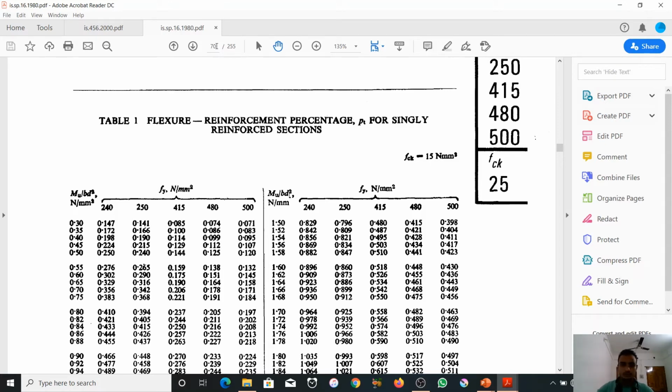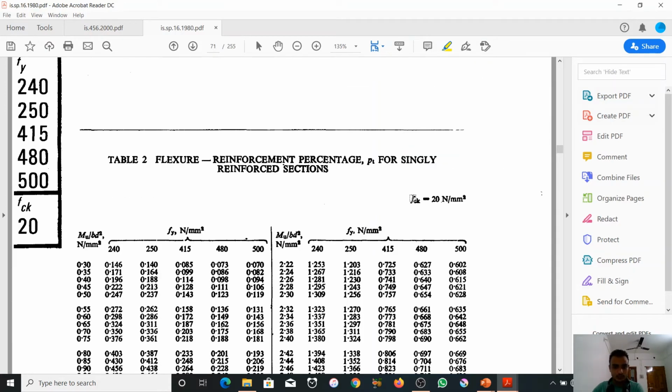Okay, first of all we have to remember the value of fck. We have 20 Newton per mm square fck. Concrete grade is M20. So this table follows fck 20, and we have fck 20 here.